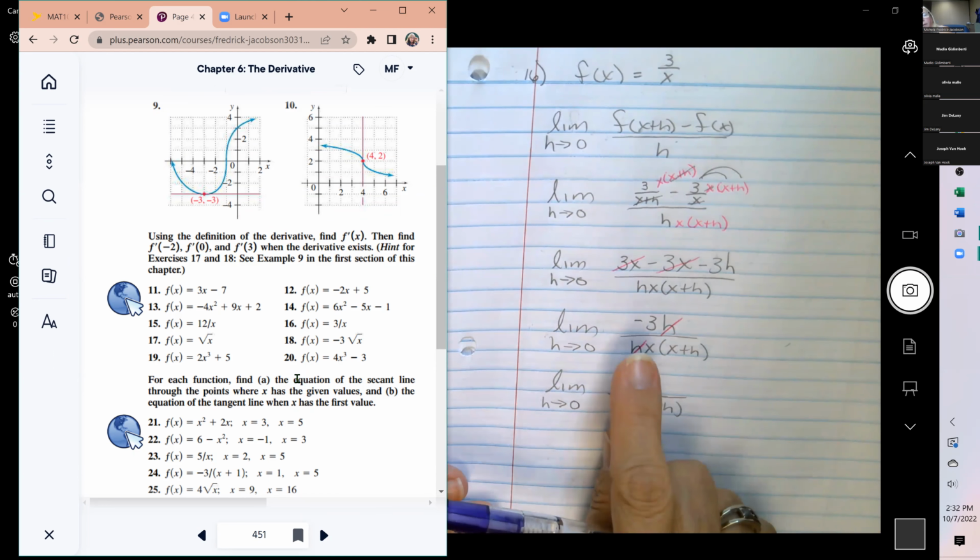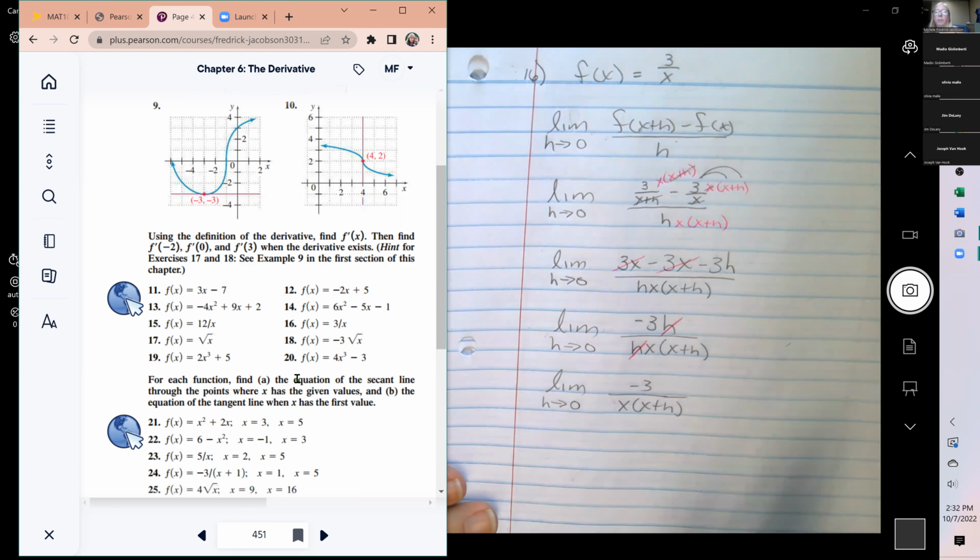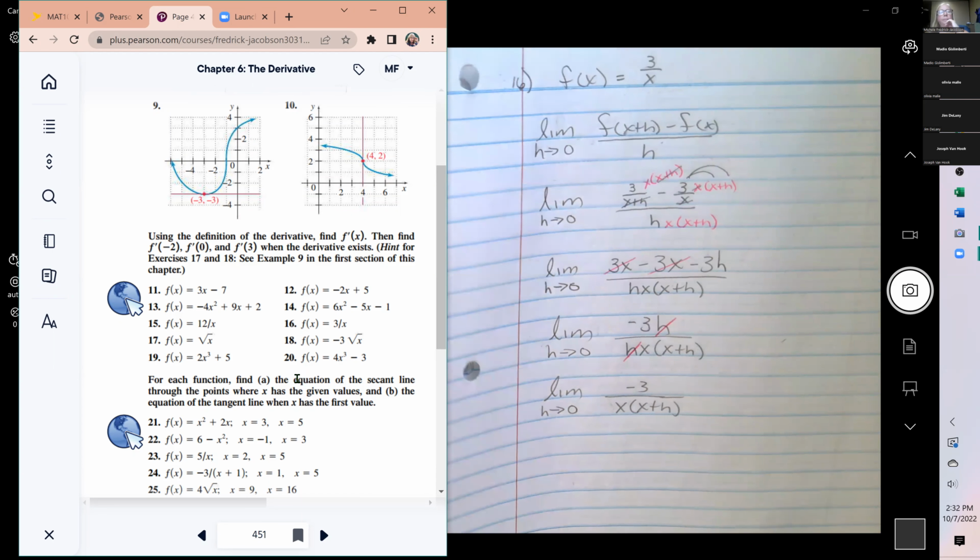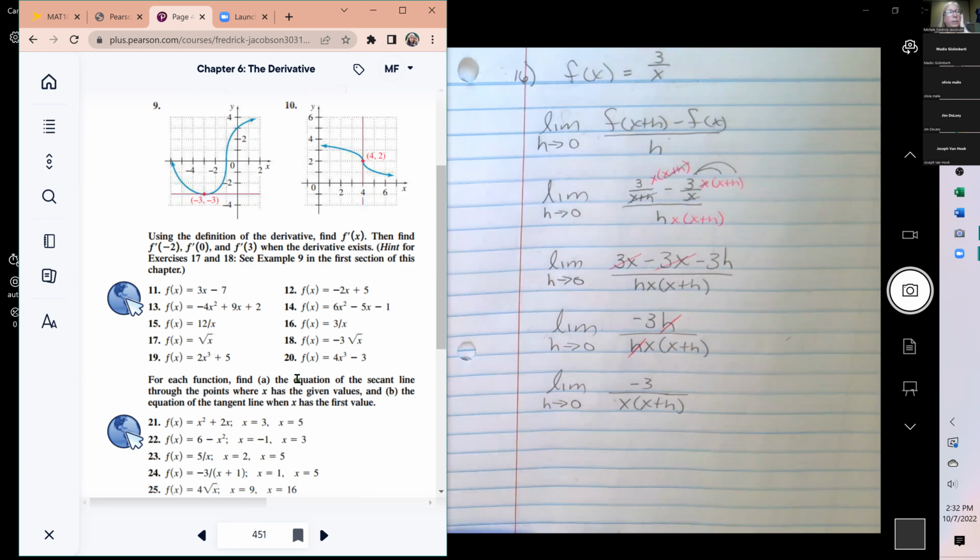Now that we canceled the original h, you can plug 0 in. Any questions before I plug 0 in?